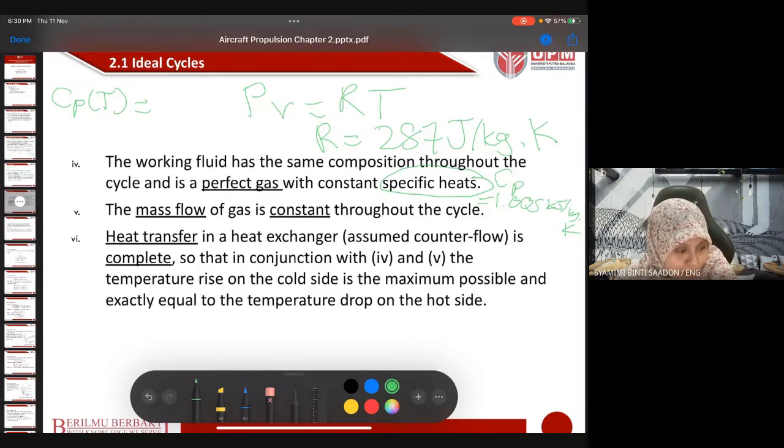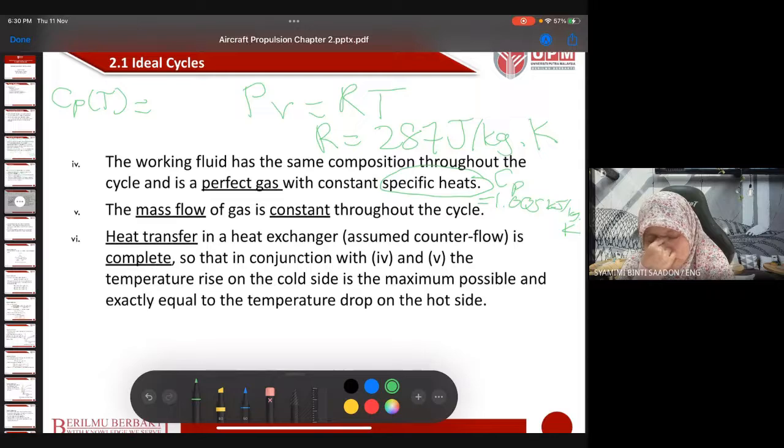Next, number 5: the mass flow of gas is constant throughout the cycle. This is from the conservation of mass. Remember that there are three laws of conservation. The first one is conservation of mass.